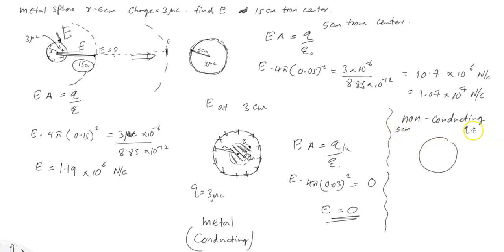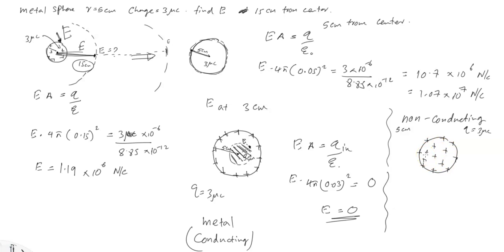I say the charge is 3 microcoulombs evenly distributed. If it is non-conducting, like a piece of wood, a wooden sphere, I can place charges wherever I want. I can place them on the surface, or inside anywhere I want. When I say evenly distributed, there are charges on the surface and there are charges inside throughout the volume.